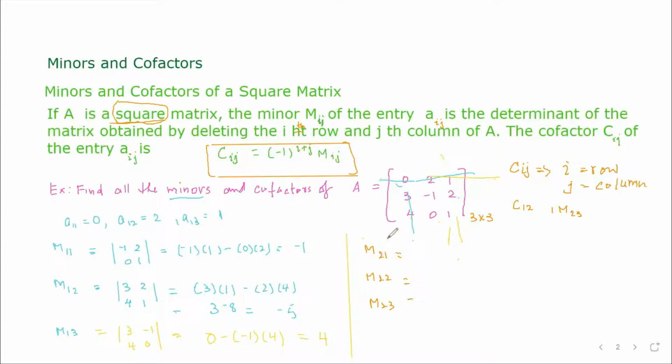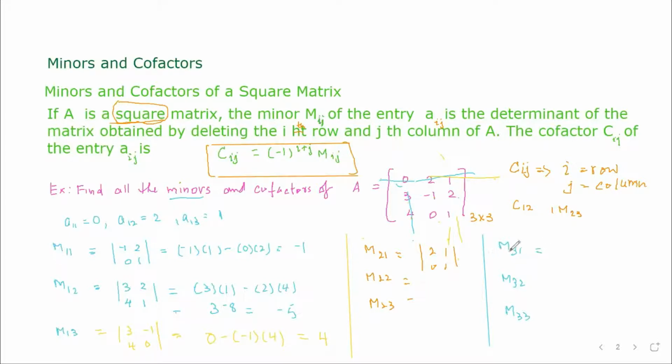M21 means second row, first column, so you are left with 2, 1, 0, 1. Keep doing the same way, and I'll let you practice that one. After this, you can continue to get the third row: M31, M32, M33, do the same way.